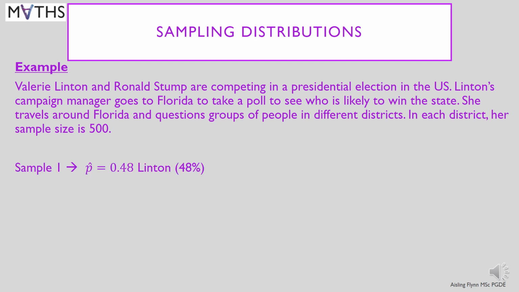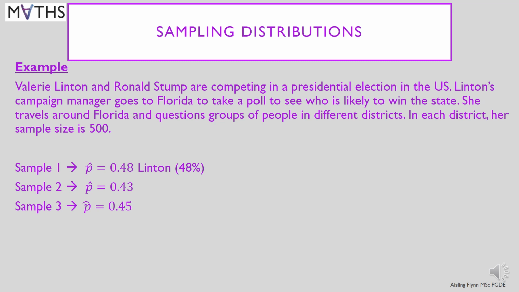So sample 1, and I'll explain the notation in a moment: p-hat equals 0.48 for Linton. So 48% of sample 1 say they'll vote for Linton. Sample 2 is 43%.